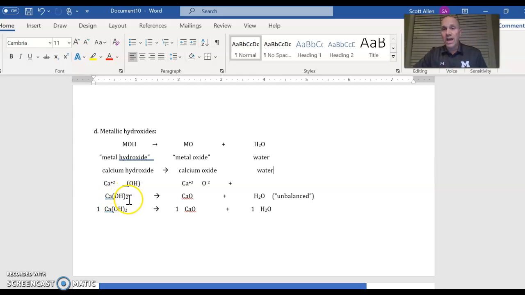And in this case, we have to leave those parentheses in because there's 2 of that polyatomic ion. Crisscross rule on this one would give Ca2O2, which gets simplified to a 1-to-1 ratio. So it's just CaO. And then you just bring down the thing that's also part of it.